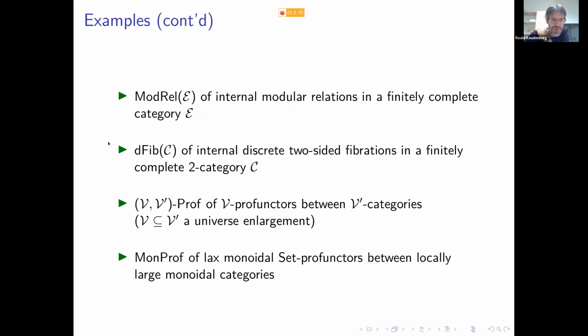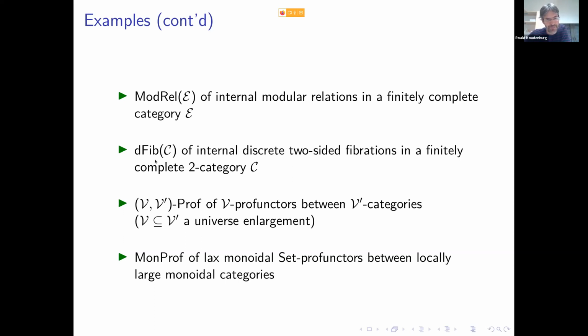Here we have some more. We can also have internalized versions, so we can consider internal modular relations in a finitely complete category E. Then we get a ModRel of E. So notice that we do not need E to be regular because we don't need modular relations to compose, right? So just having finite limits for E is enough to get an augmented virtual double category.